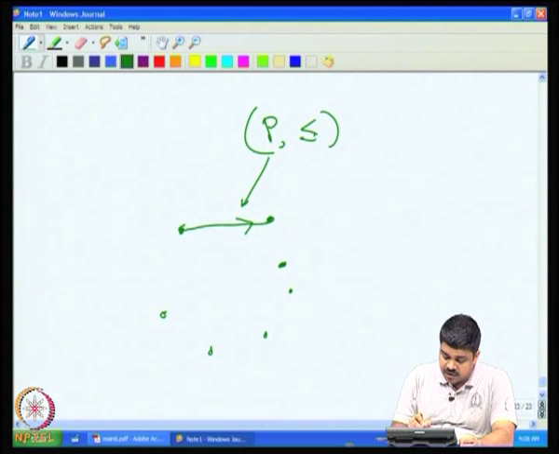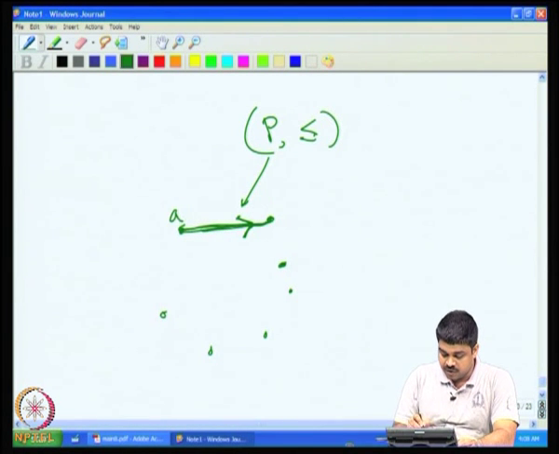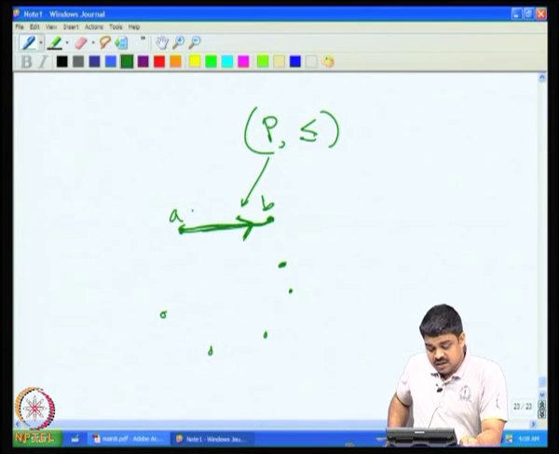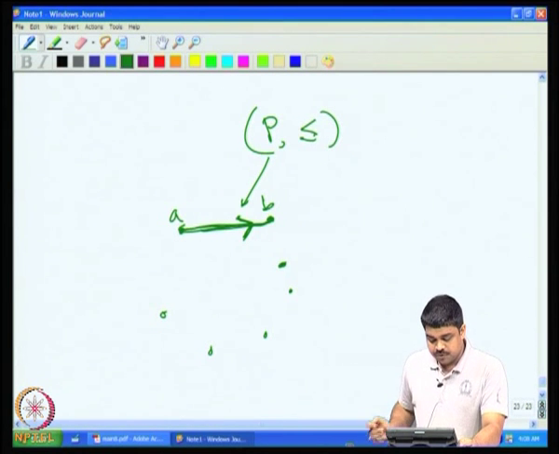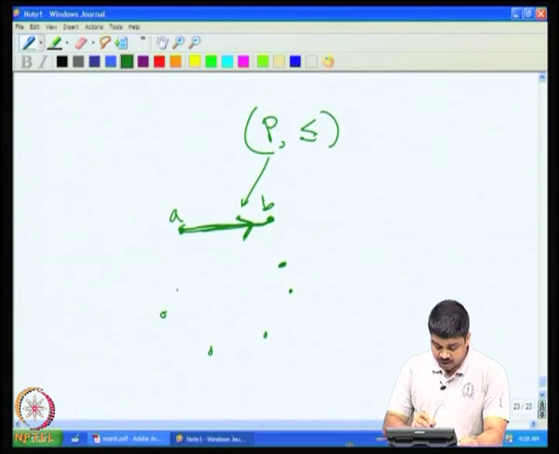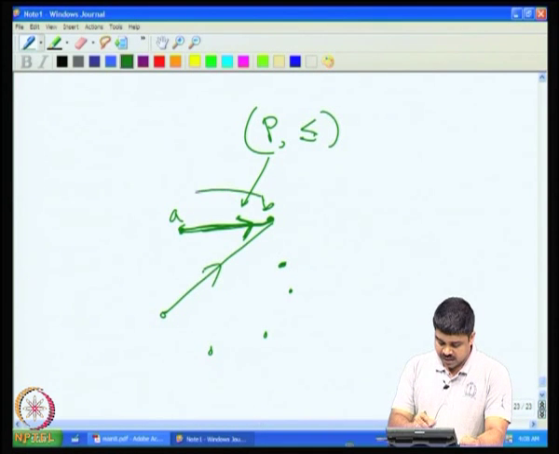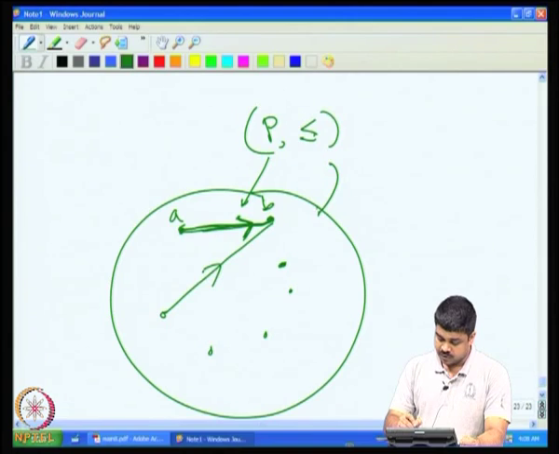There won't be a conflict, you will have only one direction because of the anti-symmetry. If AB is a pair in the relation, then BA won't be a pair in the relation. So, we can draw a directed graph such that between any pair there is only one direction. So, we will get a directed graph from the partial order that way.